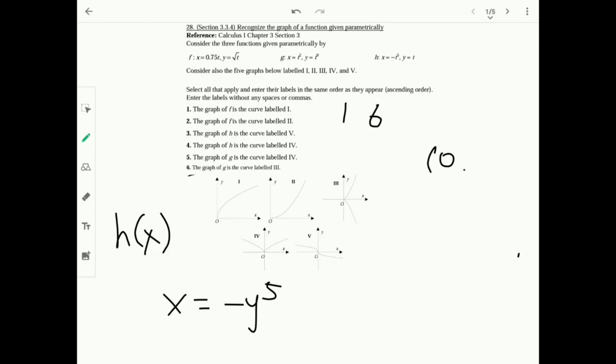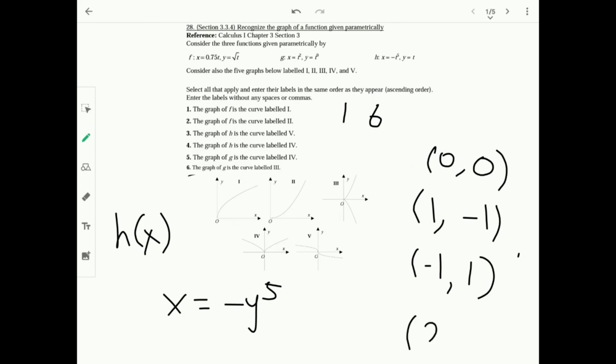At 0, it's 0. At 1, you get minus 1. At minus 1, for instance, you get 1, right? Should we take more? Yeah, why not? For 2, you get minus 32, and so on. You should get the idea from now.